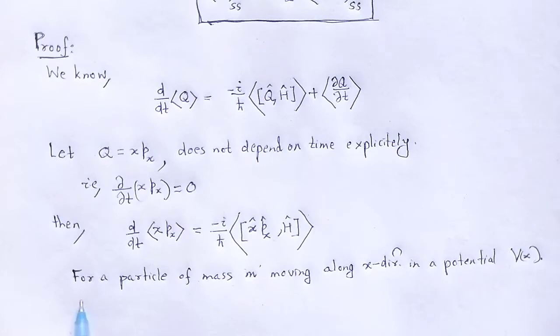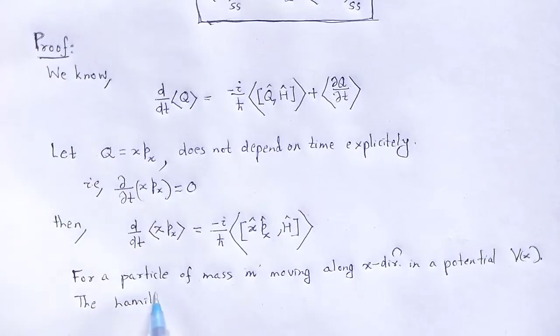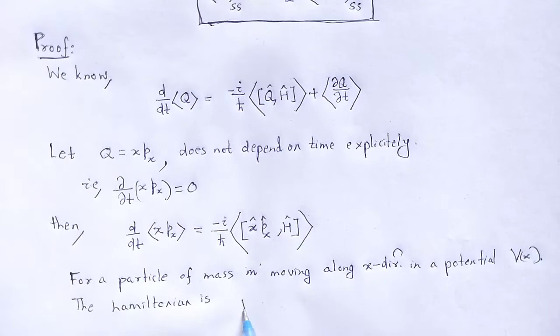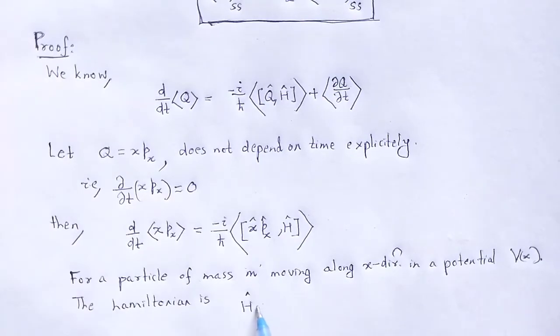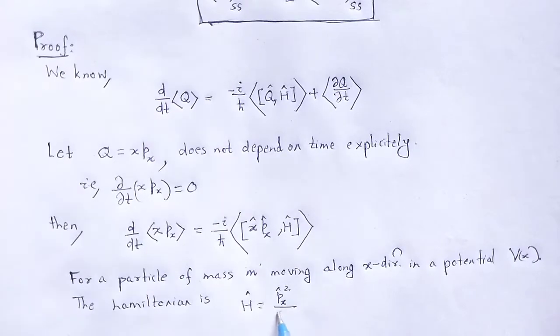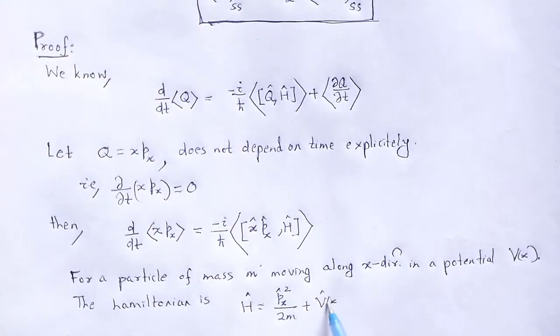Then the Hamiltonian is H cap equal to px cap square divided by 2m plus V cap x.